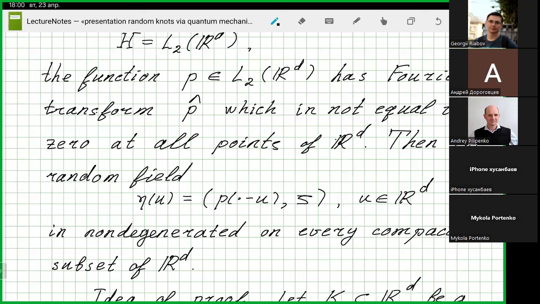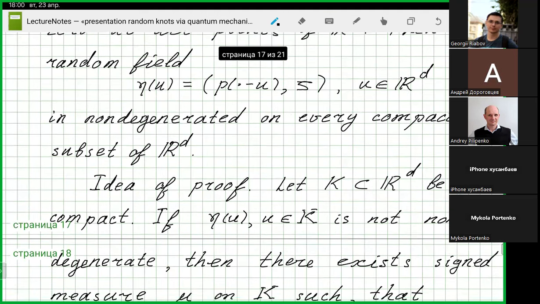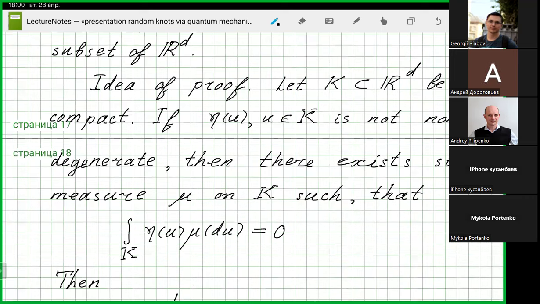Then this process eta is non-degenerate on every compact subset. The idea of the proof: let K be a compact subset of R^d. If eta is not non-degenerate, then there must exist a finite measure mu on K such that this random variable is equal to 0, because the support of a Gaussian distribution is always a linear subspace.